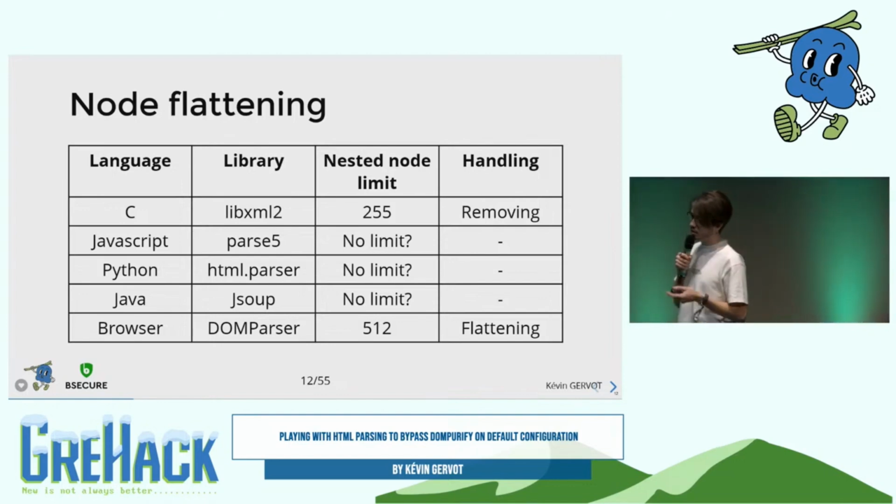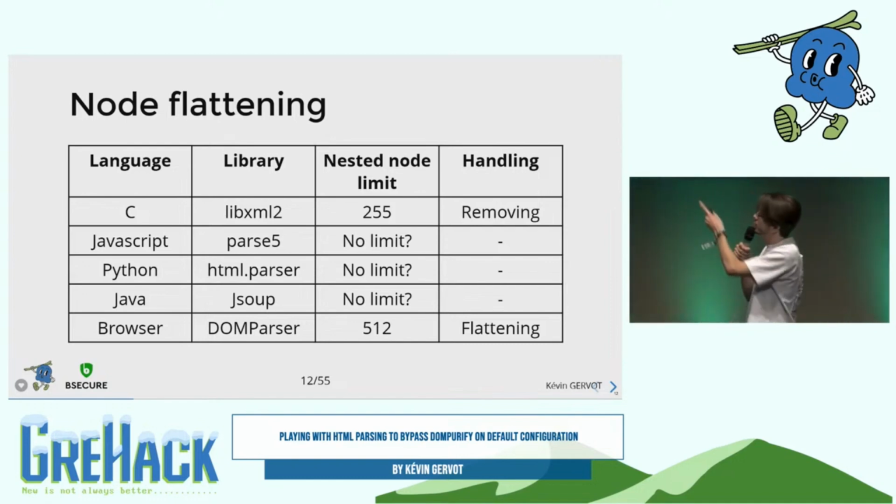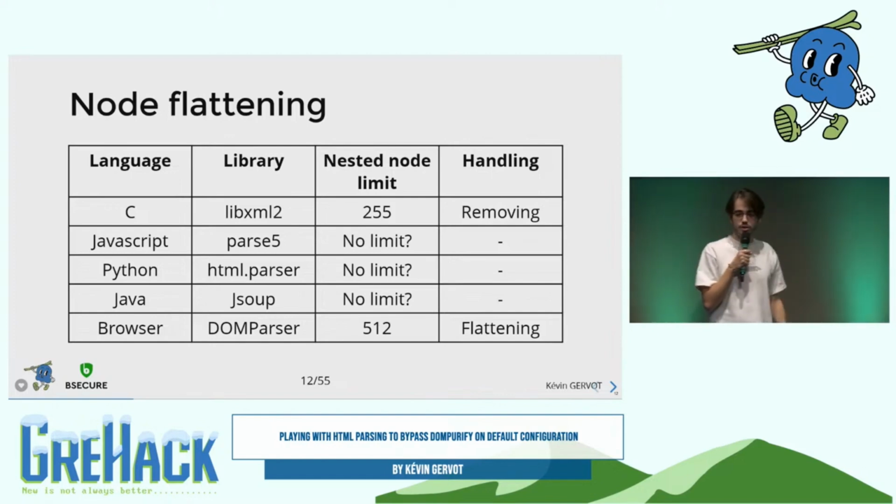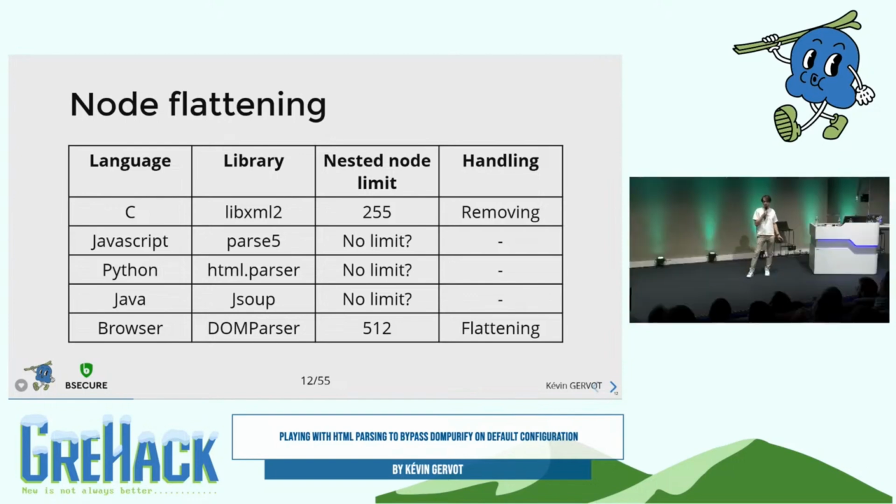And finally, in the context of the browser, here it is written that it is related to the DOMParser API, but it mainly occurs in all kinds of HTML parsing that you can have in a browser. This time, the nested node limit is set to 511, and all the nodes above are getting flattened.